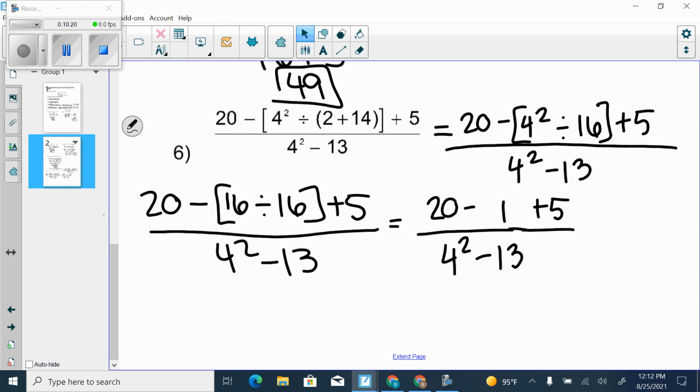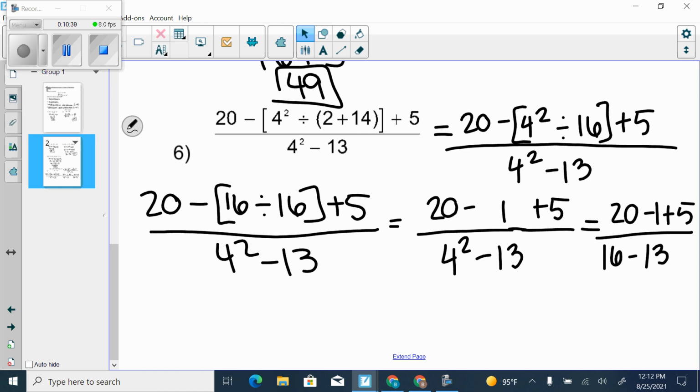Okay, now what? This part? So he said we should do the exponent in the bottom, that's fine. So we'd have still 20 minus 1 plus 5 in the top. And yes, 4 squared, heard somebody say it, is 16.